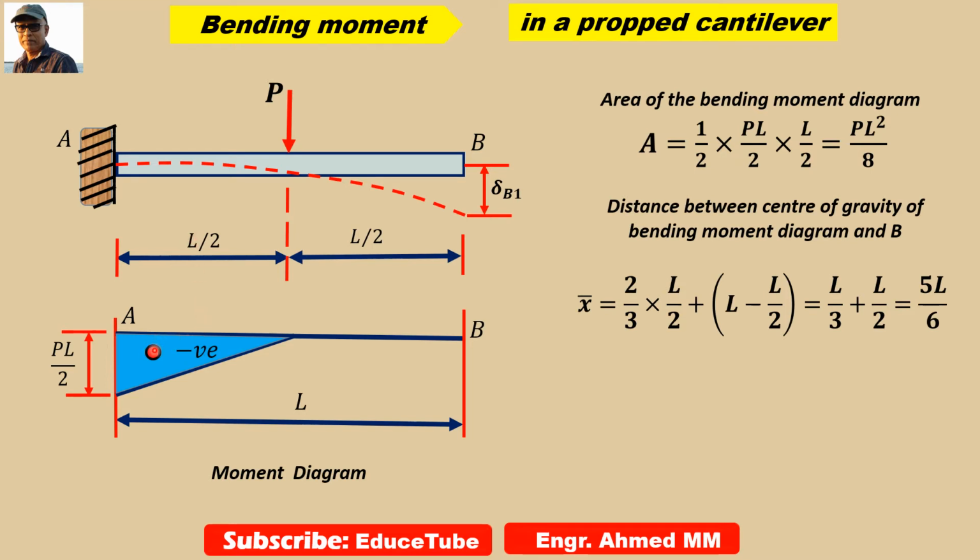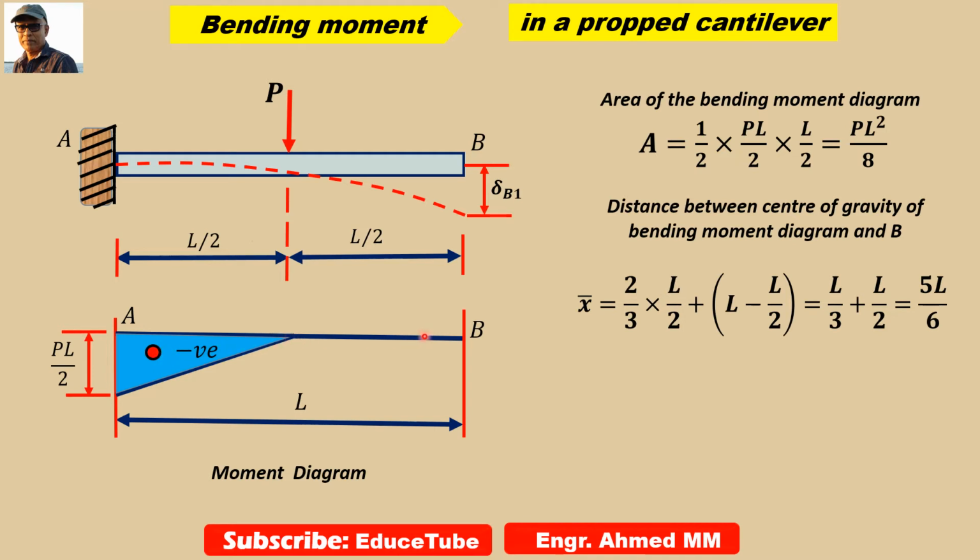Because it is a bending moment diagram, I need the distance between the center of gravity and B, from here to here. So what will be that distance? 2/3 of L by 2 means we are taking from here to here.